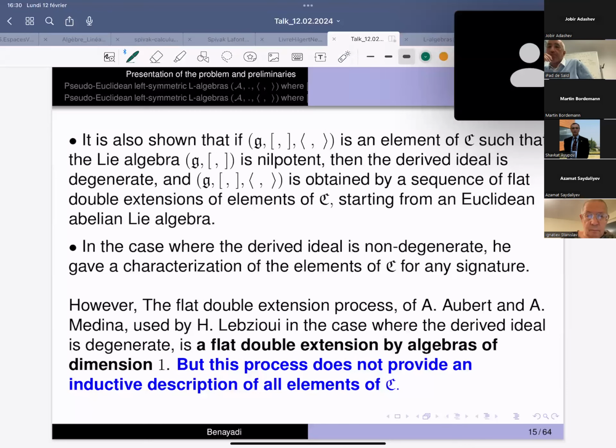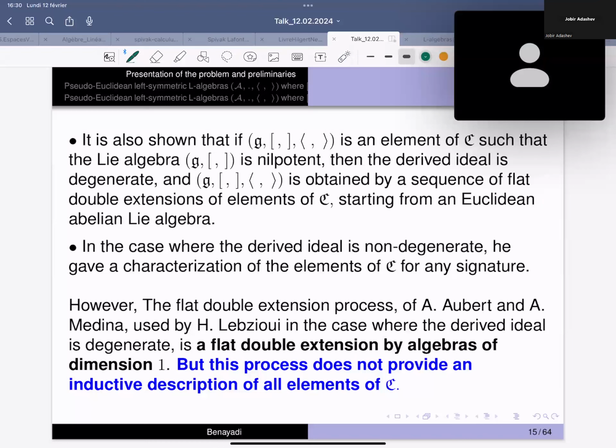But this process does not provide an inductive description of all elements of C. That is the problem, because in the Lorentzian case we always have a one-dimensional completely isotropic ideal such that its orthogonal is also a two-sided ideal of the Levi-Civita product.